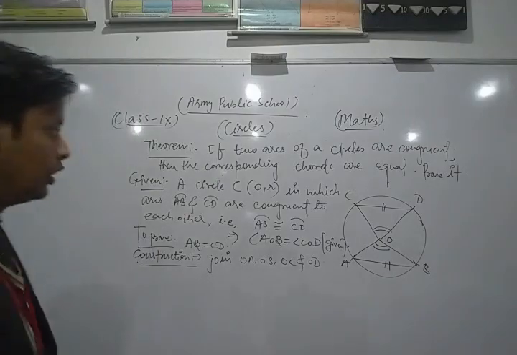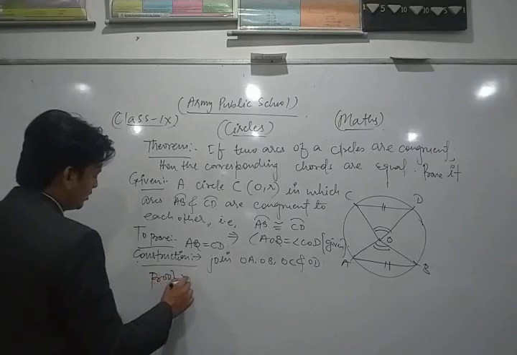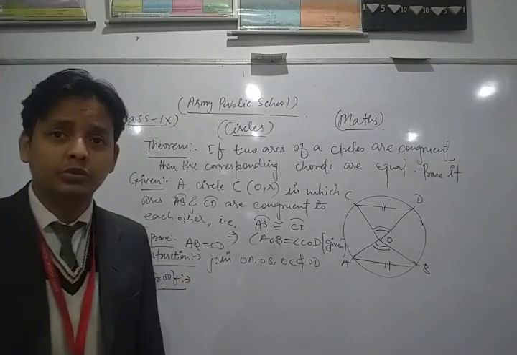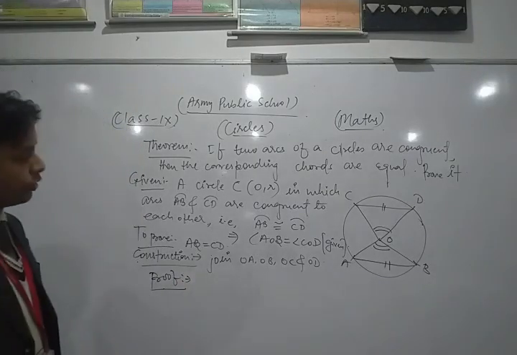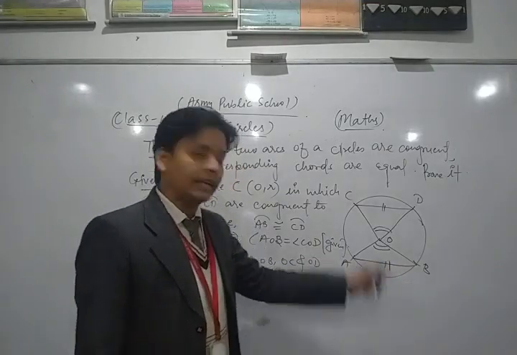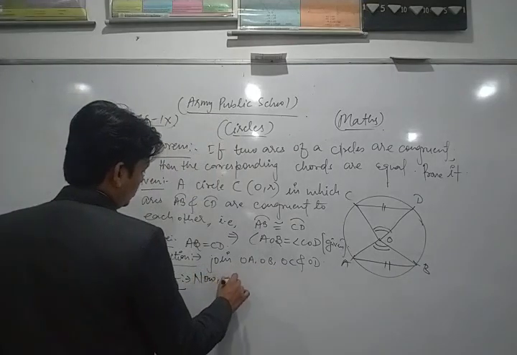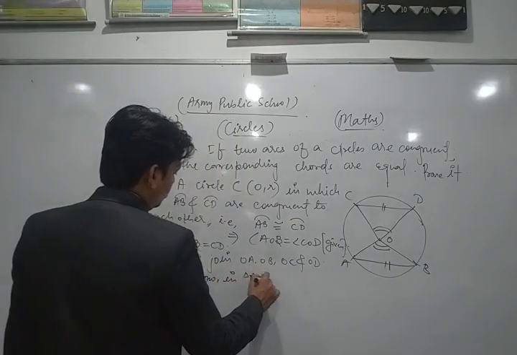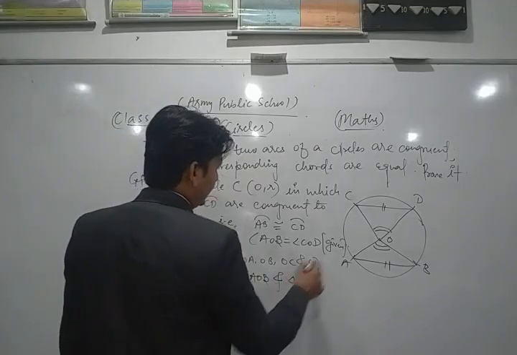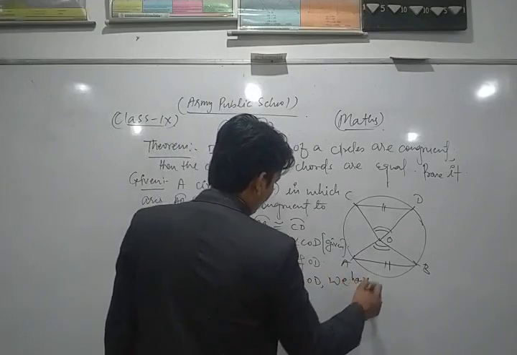Okay, dear students, now we write its proof. What is the process of proving that theorem? First of all, we take triangle AOB and triangle COD. Now in triangle OAB and triangle COD, what do we have?